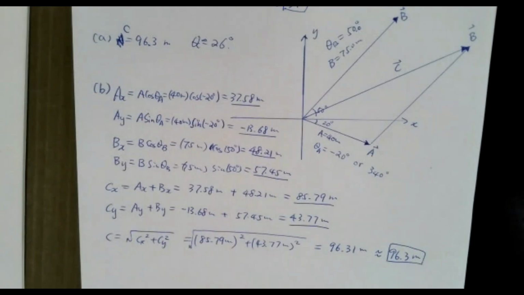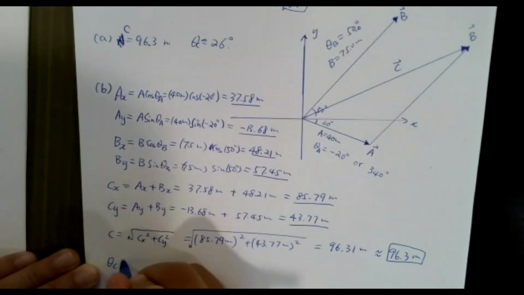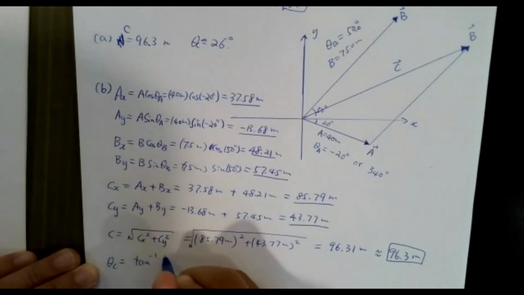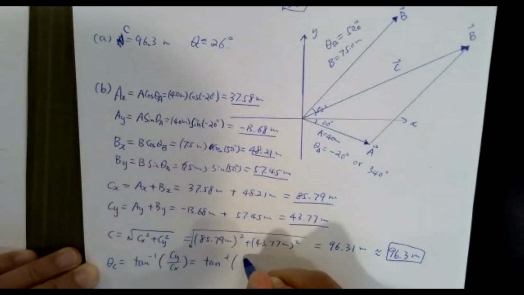All right. Now for the directional angle, you will do tangent inverse of Cy over Cx. Okay, so then tangent inverse of 43.77 over 85.79.